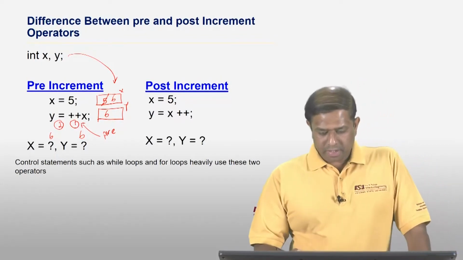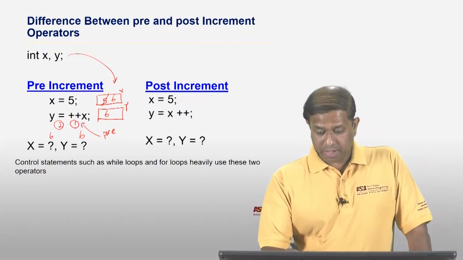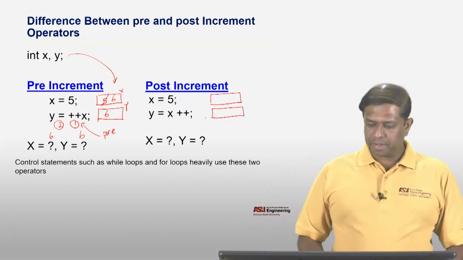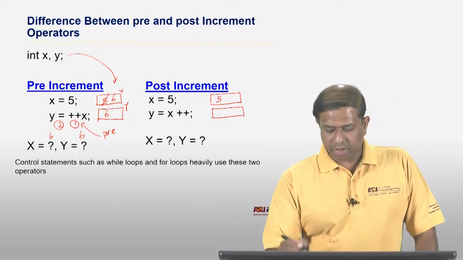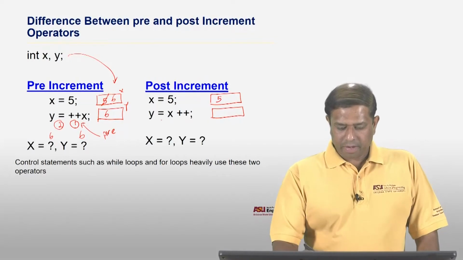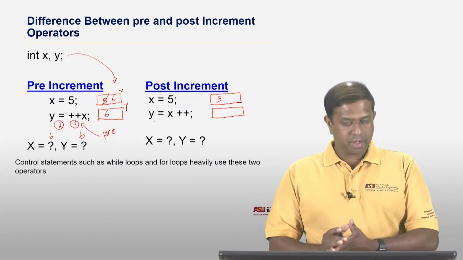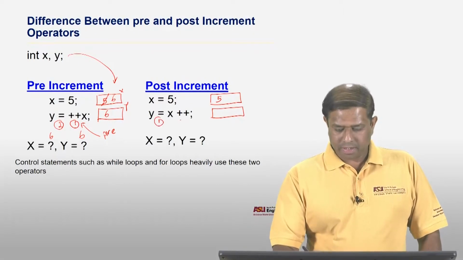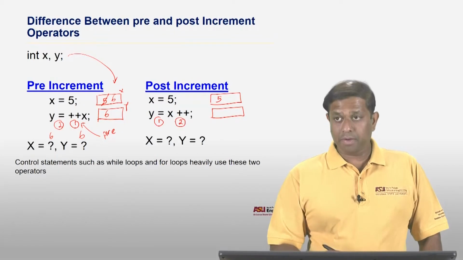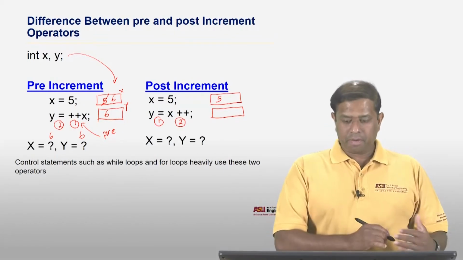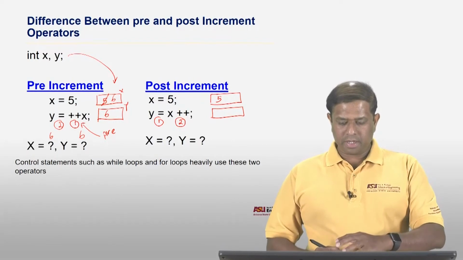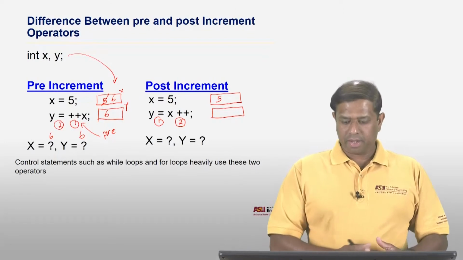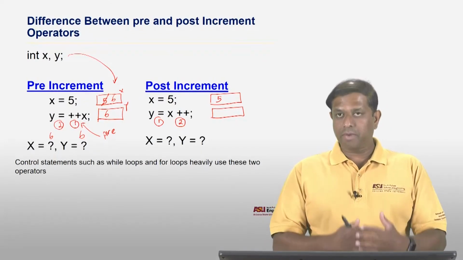On the other hand, suppose we have the post increment. Again we will have these 2 values in memory. Initially x is 5 and now we have the post increment. Post increment means that first we do the assignment statement and then we increment x by 1. When performing this assignment statement, we first take the current value stored in x and put it in y, and then we add 1 to x, right?